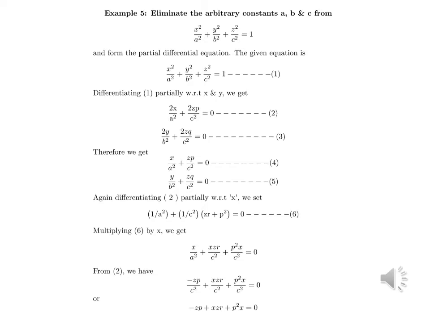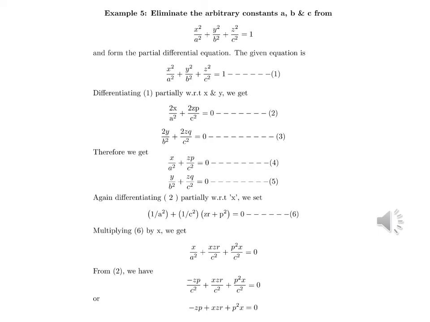So when you do that for equation number 4, we get 1 by a square plus 1 by c square into zr plus p square. So ultimately, when you differentiate partially with respect to x for zp, we have to use the product rule.